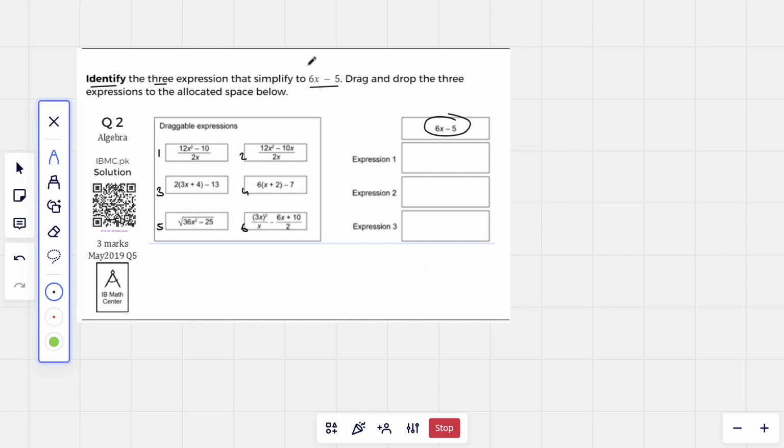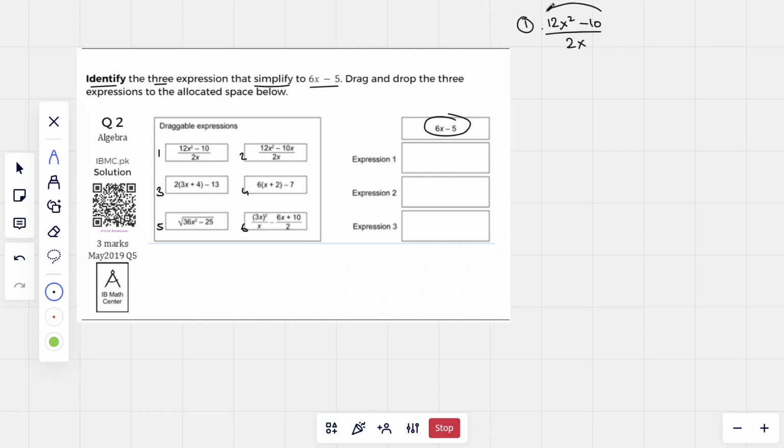So let's begin. The task is to simplify. That's the implicit command term. So what's the first question? The first question is 12x squared minus 10, and this whole is being divided by 2x. Now, the answer is 2 terms being subtracted, 6x and minus 5.